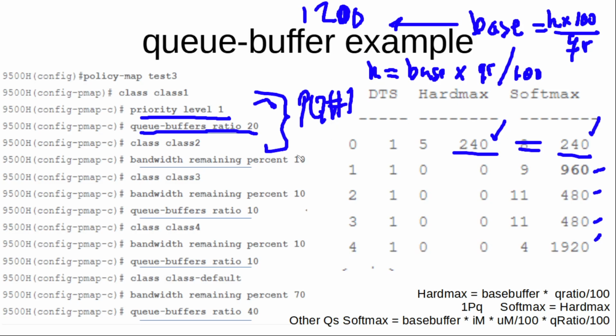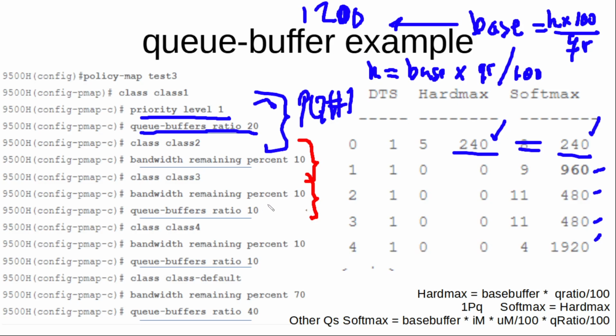Let's analyze the next queue. This one doesn't have a queue buffers ratio, so we are going to skip it. Let's analyze the next one. This one has a queue buffer ratio of 10.